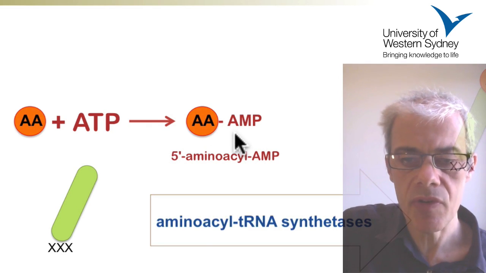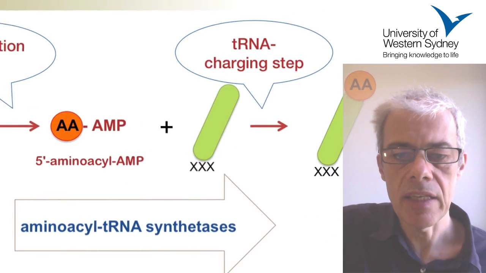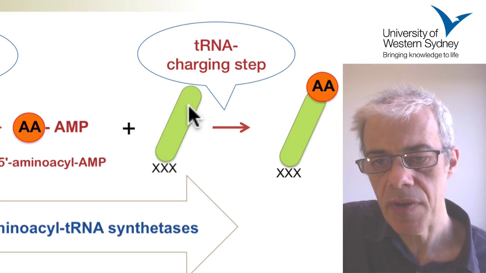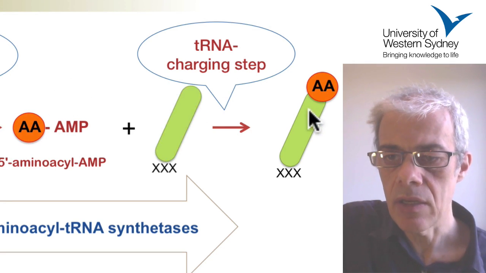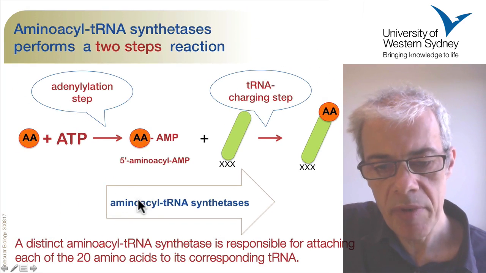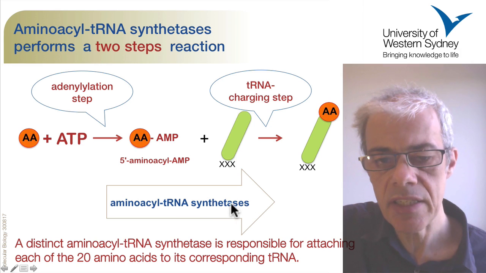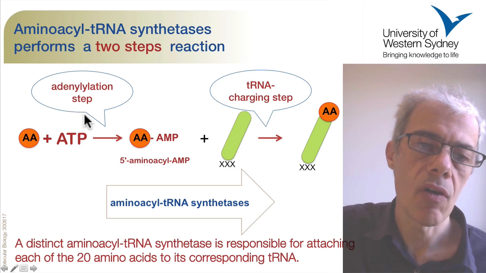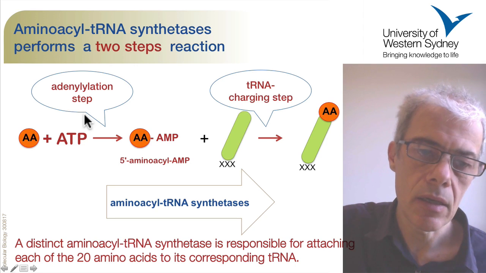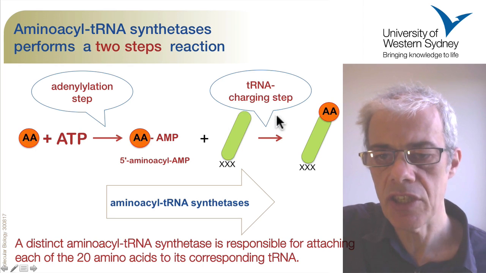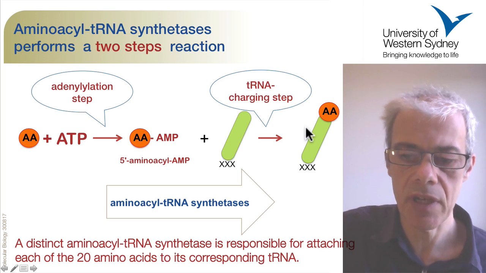The second step of the reaction is the transfer of this adenylated amino acid onto the transfer RNA to give the transfer RNA with the charged amino acid. So this synthetase here performs two steps, which is the adenylation of the amino acid and then the transfer and charging of that amino acid onto a transfer RNA.